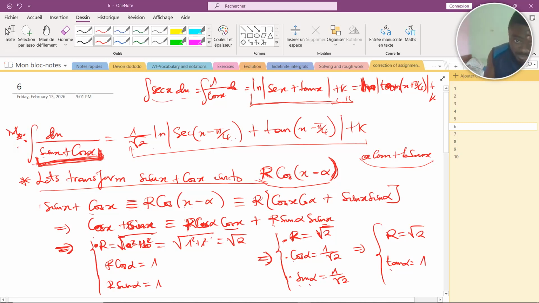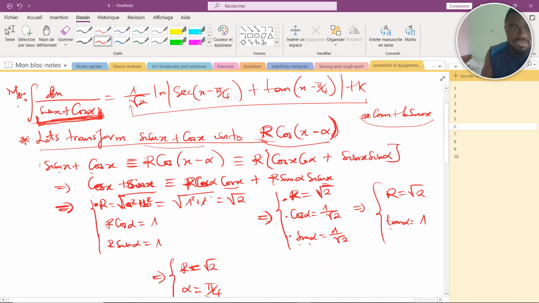So let's transform this into something of the form r cos x minus alpha. The first thing we have to write is we want this to be identical to what? R cos x minus alpha. So this implies this will be identical to what? I develop this one. This will be r into what? Cos x cos alpha plus sine x sine alpha. Is that okay? This implies this.